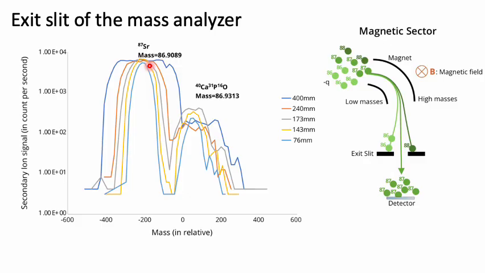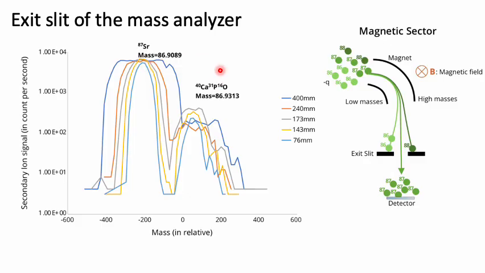Again, this is something that you tune on a known material, and you change the position of the exit slit, the magnetic field, all of these different parts of the mass spectrometer, to get the best looking peak. Usually this is what you sit and look at for half a day until you get what you want.